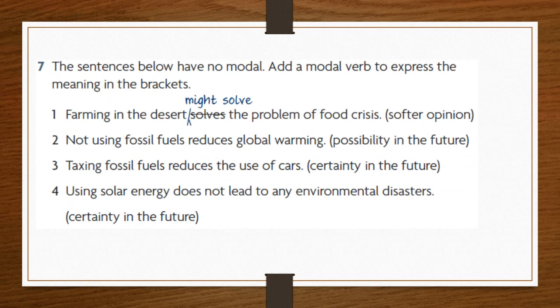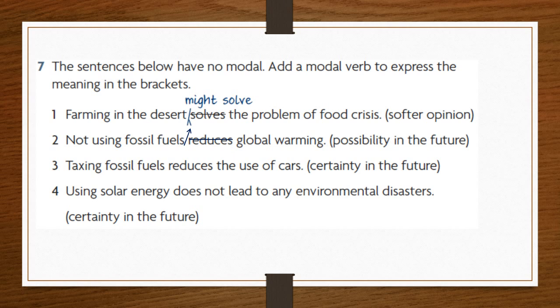Question number 7. Sentences below have no modal verbs. Add a modal verb to express the meaning in brackets. The first one is solved for you. It says farming in the desert solves the problem of food crisis. I need a softer opinion, a possibility. So farming in the desert might solve the problem of food crisis.